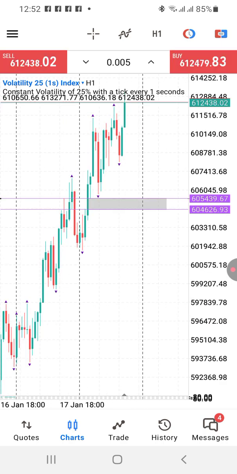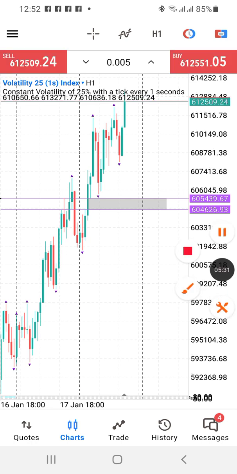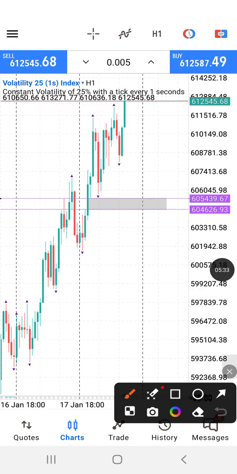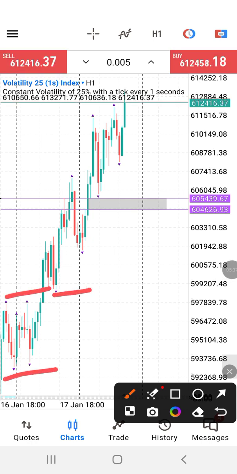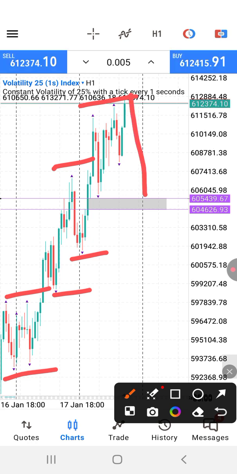Now we see that we have a fair value gap, so we want to know whether we are in a downtrend or an uptrend. Clearly we see that the price is making higher highs and higher lows. This right here is our fair value gap.